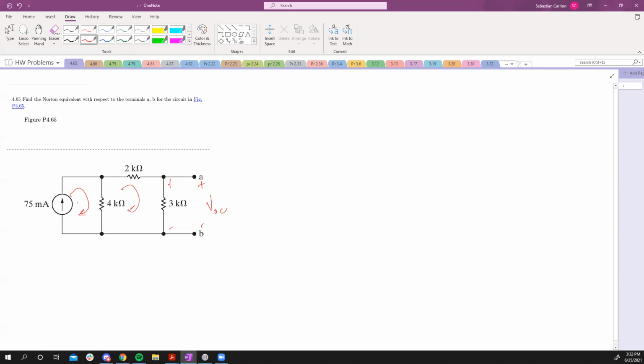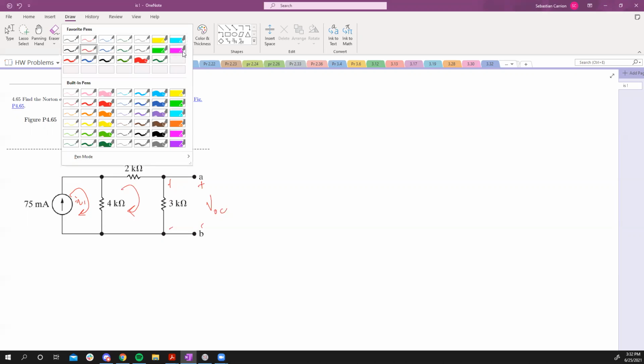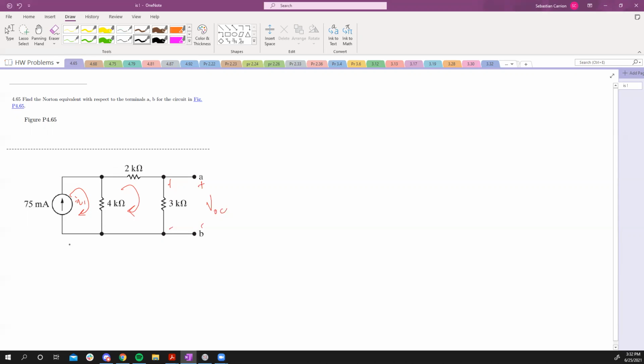So we have two loops, right? Well, we have two equations, sorry, not two loops. With the first equation, we're going to call I1 equal 75 milliamp, or 75 over 1,000.